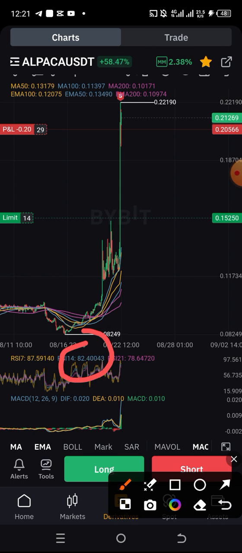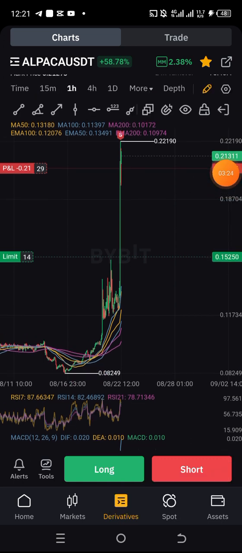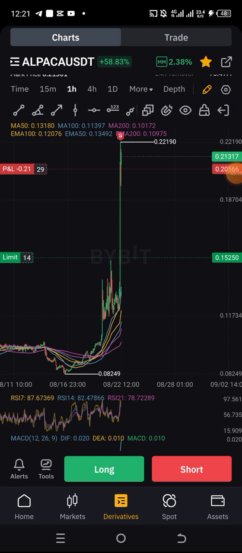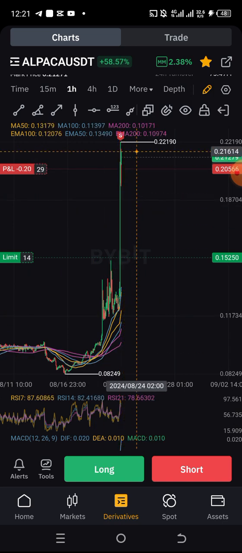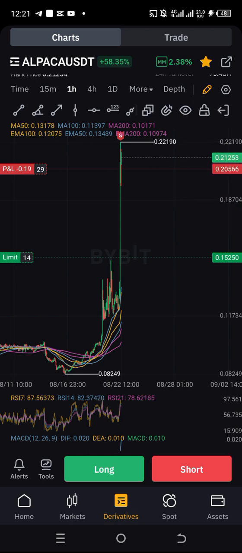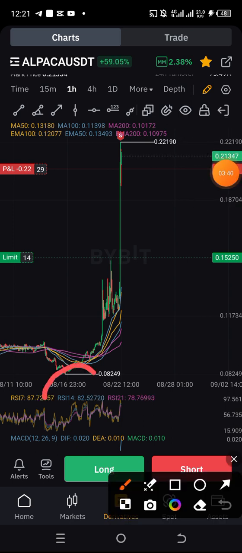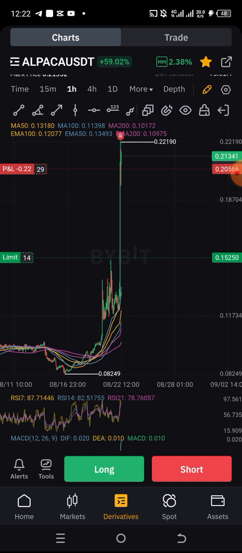So this 82 indicates that this coin is at the point of the overbought region. They have been buying this particular coin all the way here, and the current position of this buying is now at 82. That is the meaning of that RSI 14 number. So it has gotten to the overbought region.